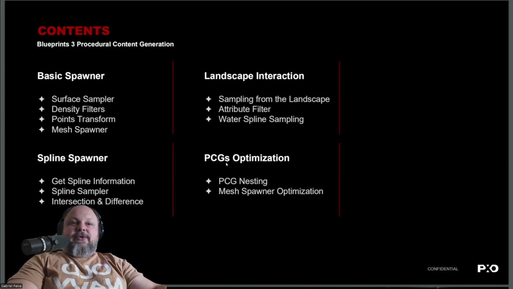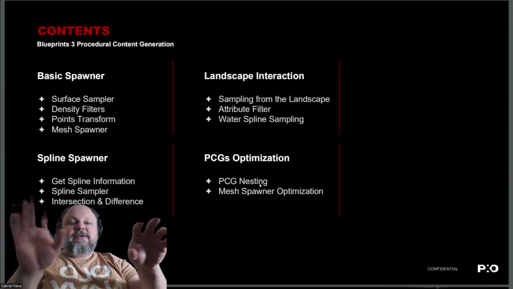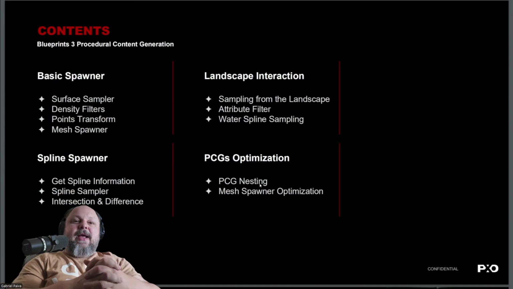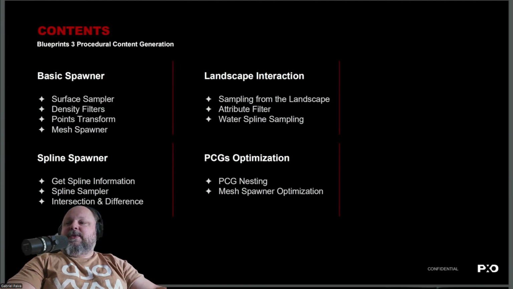And later on, we're going to be talking about PCG optimization, which is going to be mostly about how to control how far we want those PCGs to be produced, and the PCG nesting. So we can grab PCGs and set them inside PCGs, and that is going to be the end of this class.